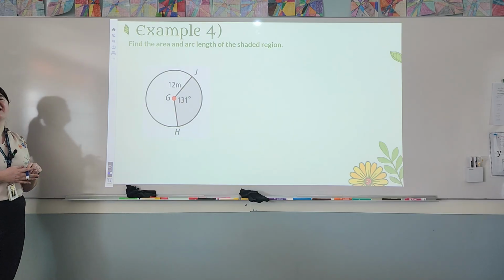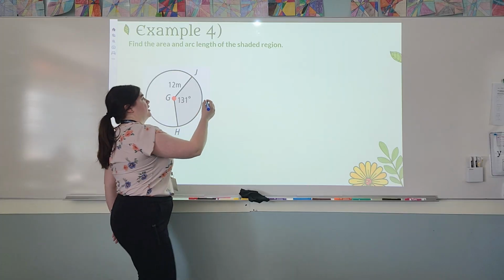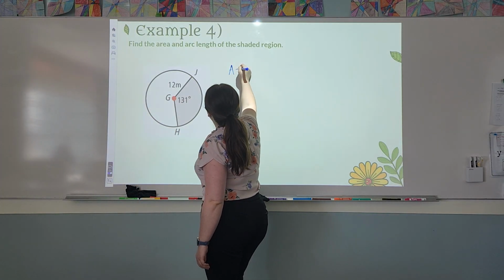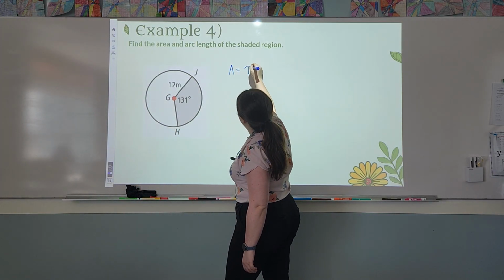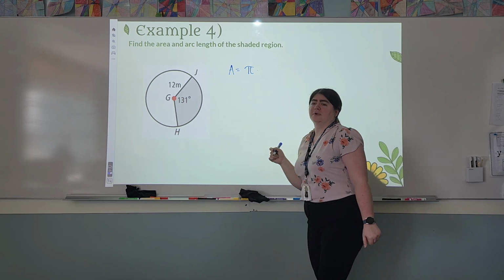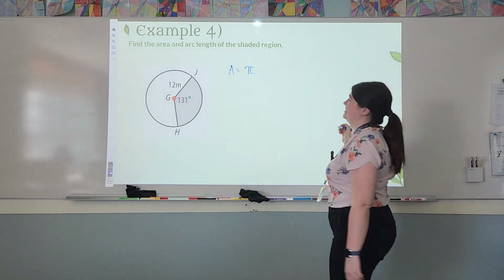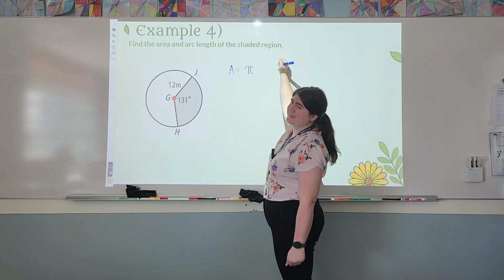Example 4 says to find the area and arc length of the shaded region. So let's start with area. Area is equal to pi times the radius squared. Becca, what's the radius? 12?